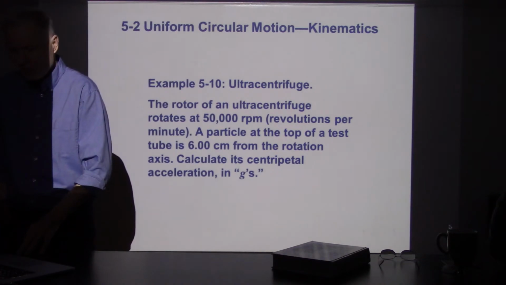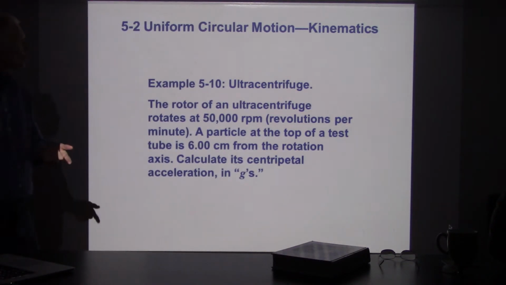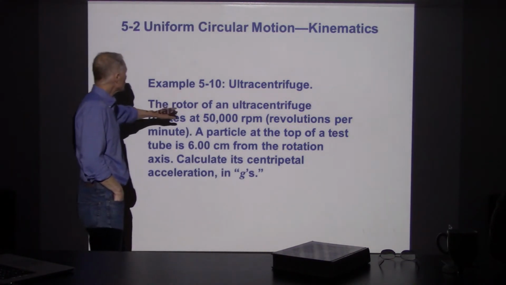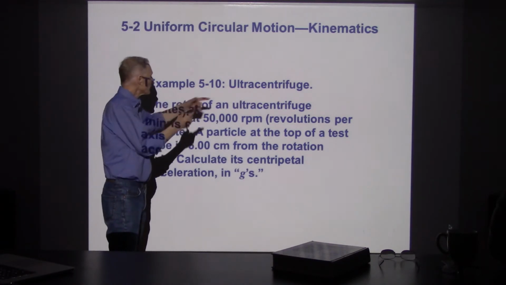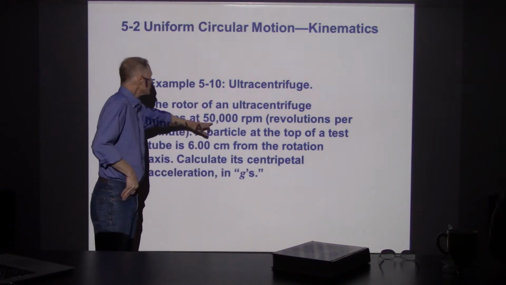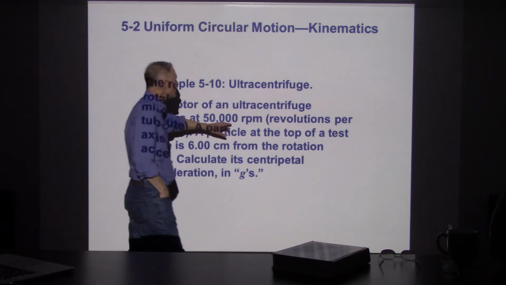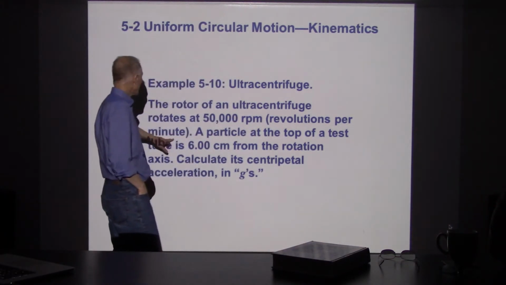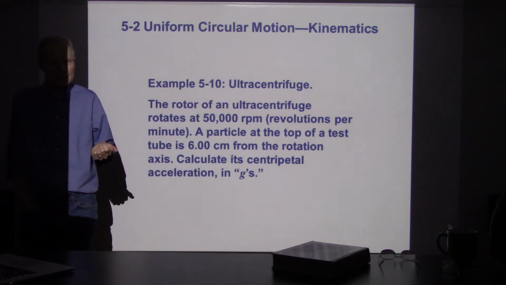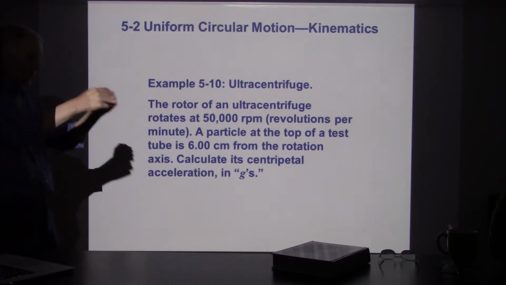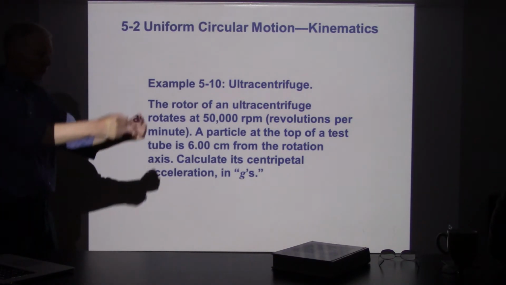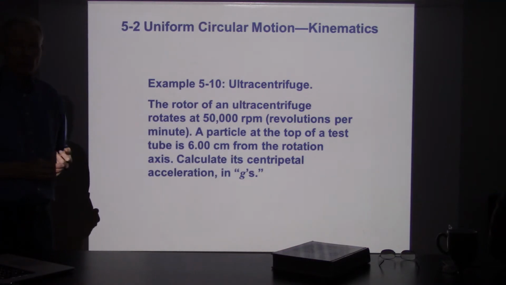Here is an ultracentrifuge with numbers. So it says that we have a rotor, this spinning part of this ultracentrifuge. It's rotating at 50,000 revolutions per minute. Now we've learned how to deal with that. So each revolution is a circumference, and that's 2 pi r.